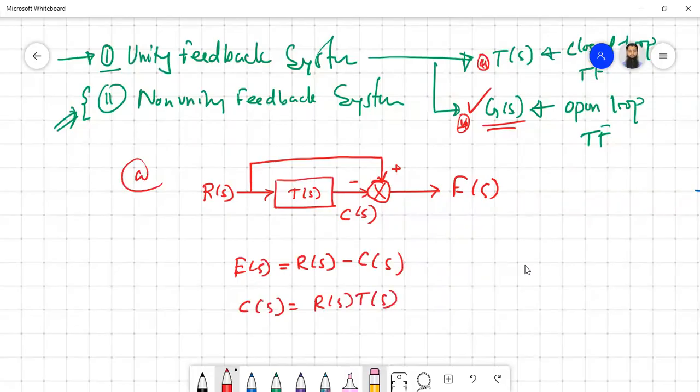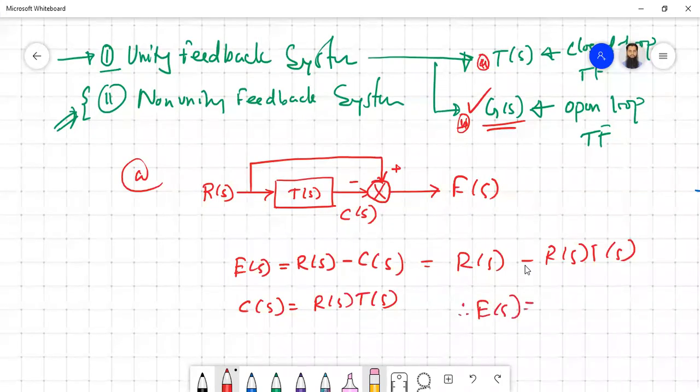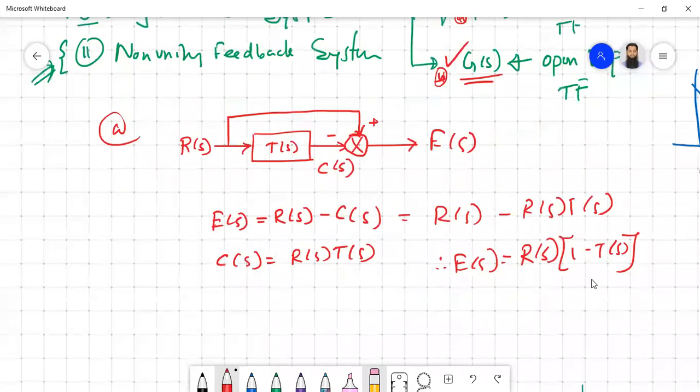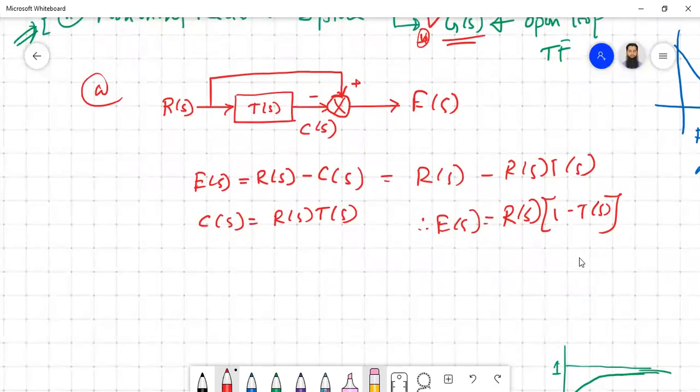So now you just put the value here: R(s) minus R(s)T(s). So it will give us E(s) equal to R(s)[1 minus T(s)].